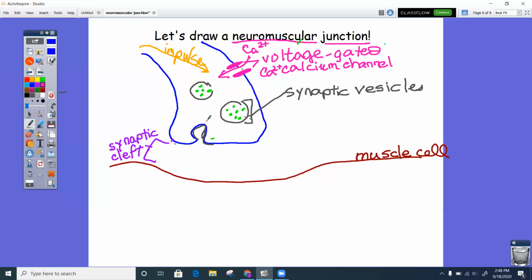And so calcium is going to enter that axon terminal, and that calcium entering actually changes the membrane potential on the neuron because you're letting a bunch of positive charges in. So it kind of changes things electrically on the inside of the cell. And that is going to cause these synaptic vesicles to fuse with the axon terminal membrane. And then they are going to release that acetylcholine into the synaptic cleft.